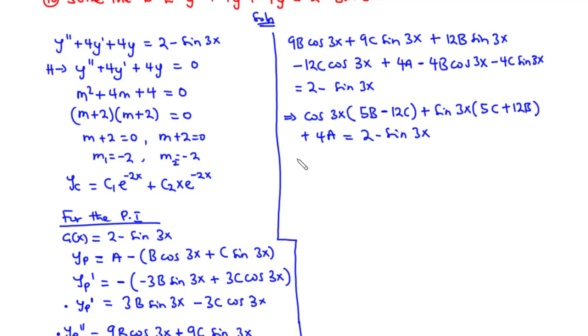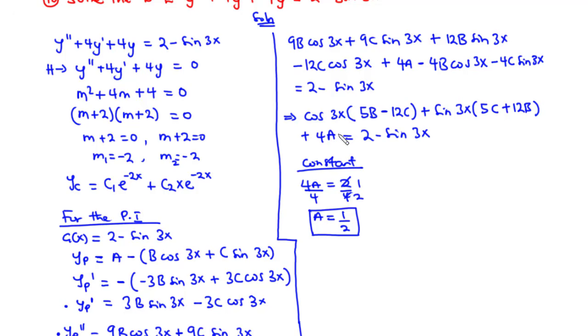Now let's try to compare coefficients of the constant, cos 3x and then sine 3x. For the constant, we have 4a equals 2. We divide through by 4, and we have a equal to 1 over 2. That is the value of a.